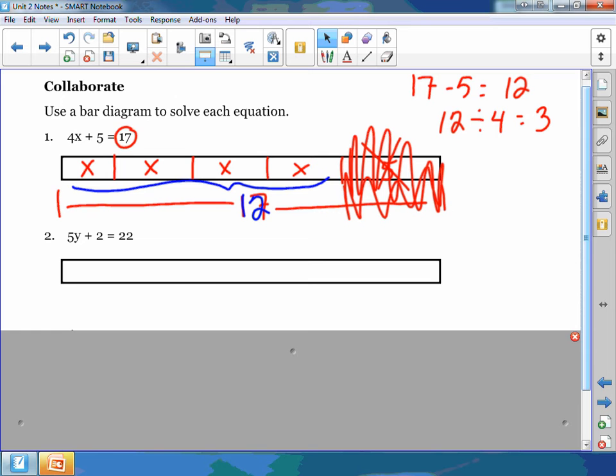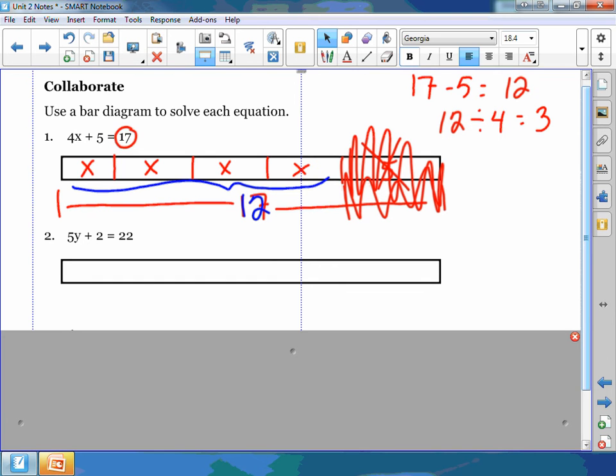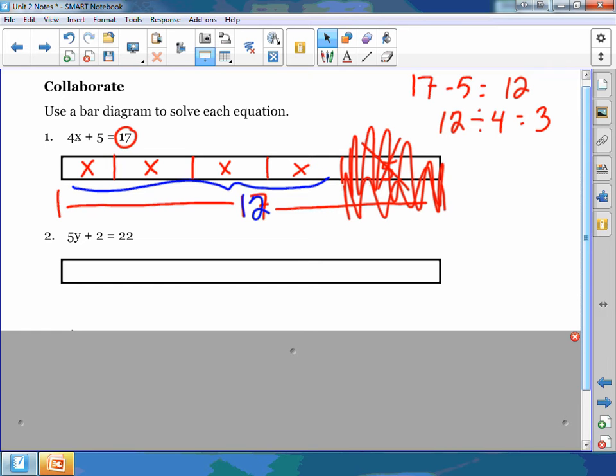Okay, we're in the notes. It is correct, yeah.